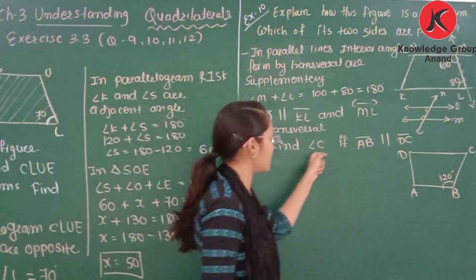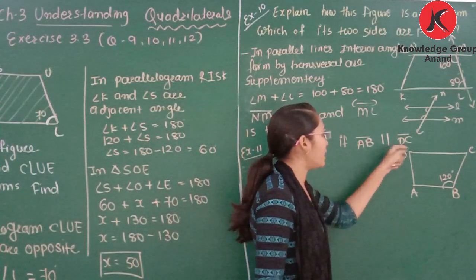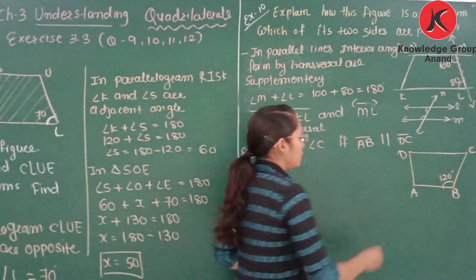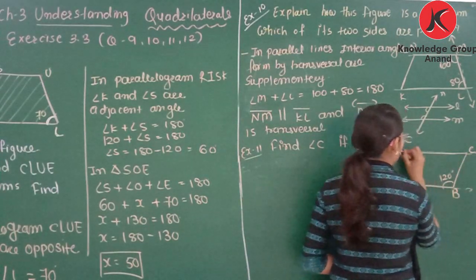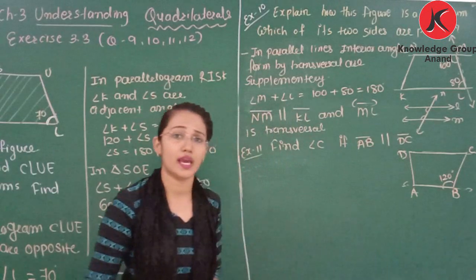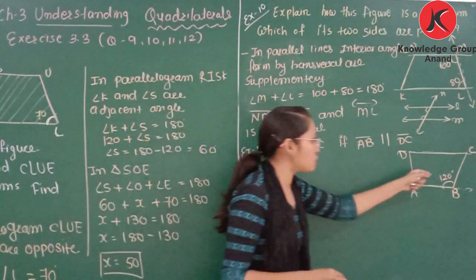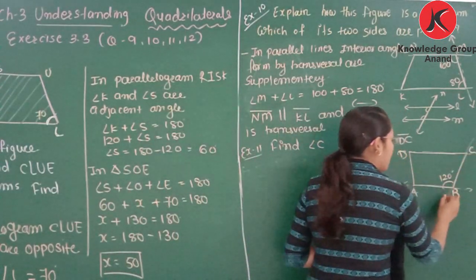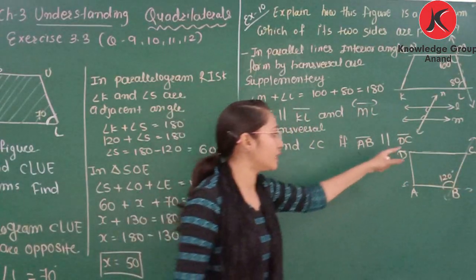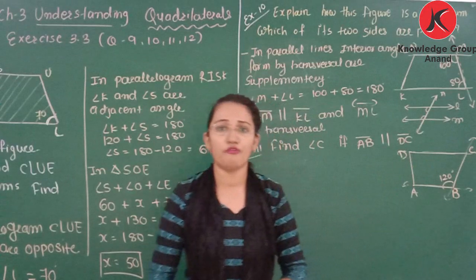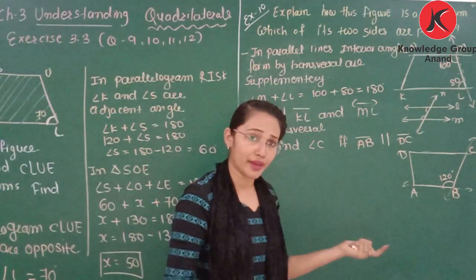Now next, example 11. Find angle C if AB is parallel to DC. This is AB and DC. It is written that AB and DC are parallel. If these are parallel, then BC will be a transversal, and we already learned in the previous example that interior angles made by a transversal of parallel lines will be supplementary.